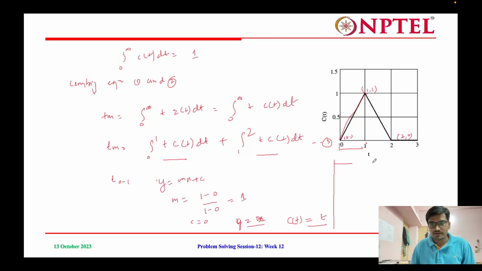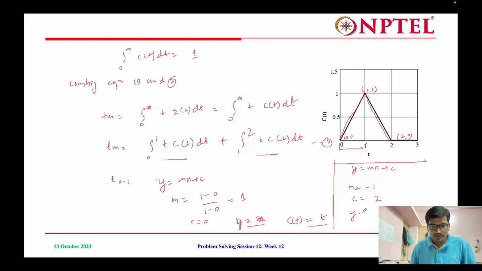Now for the second part, from time t equals 1 to 2, y equals mx plus c. Calculating from these lines, the slope is minus 1, and taking any point, the intercept c is 2.